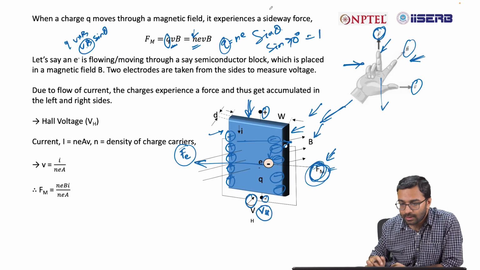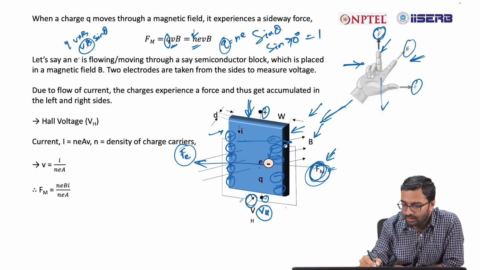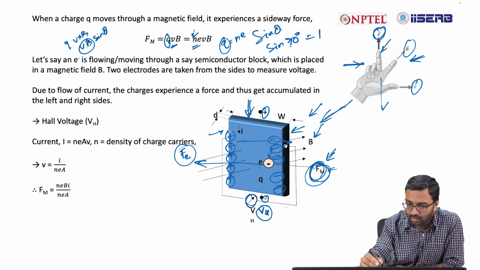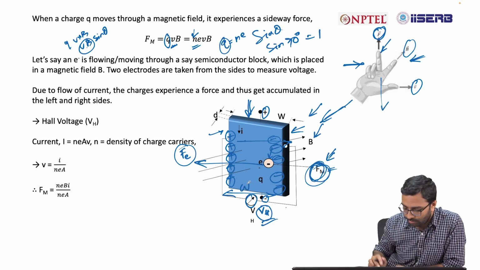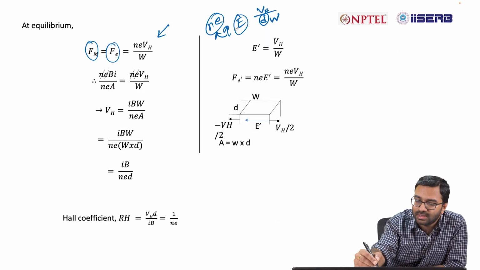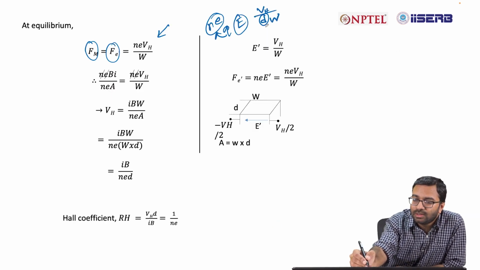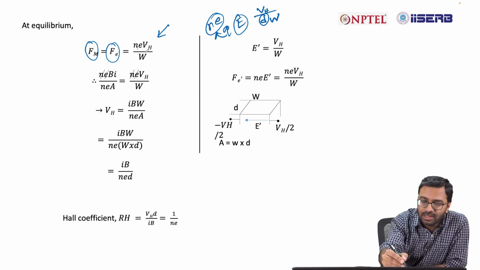If you look at the figure, the voltage associated with the electric field is Vh, and this is your width, so the distance is W. In this case, E is equal to Vh divided by W, so that's why it is Ne Vh by W.